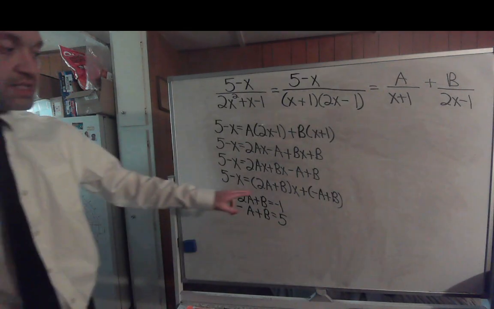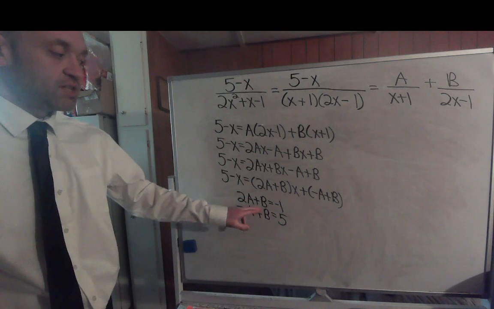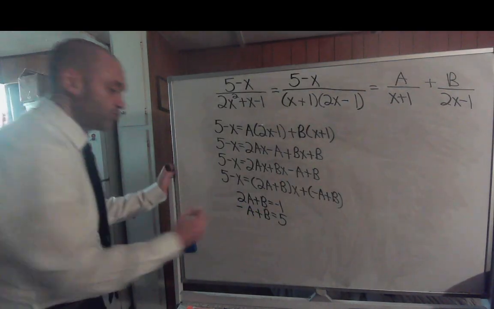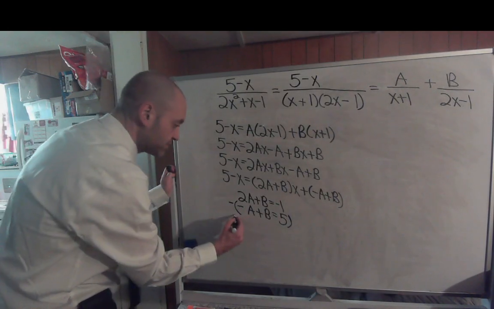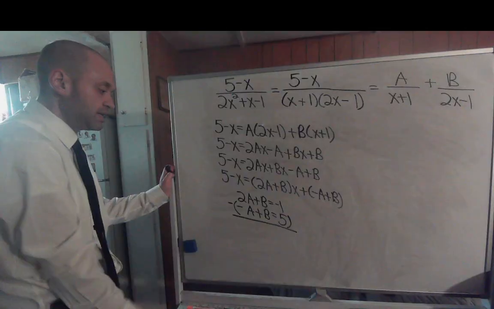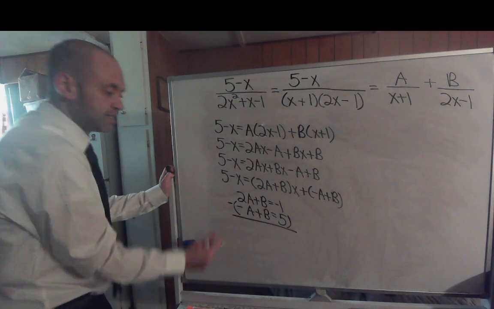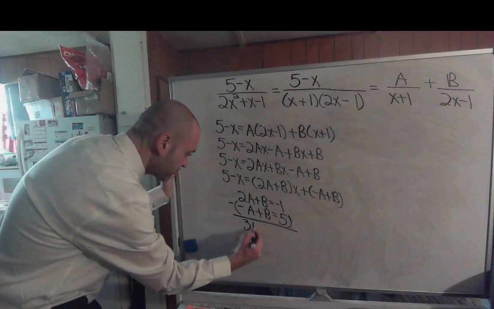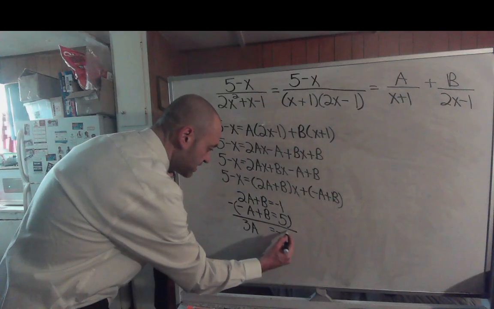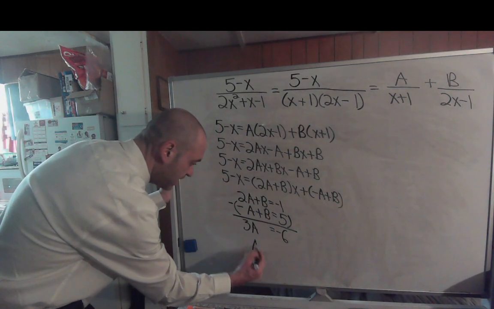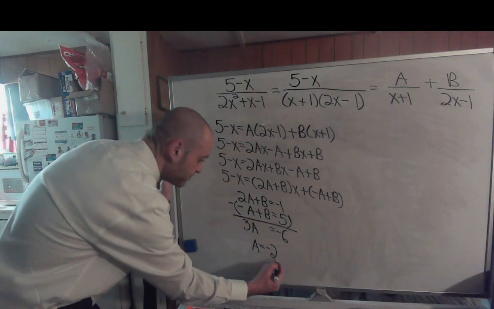Well, both of these equations in the system, you have a positive b, so if we subtract the second from the first, we should be able to cancel out the b's. So 2a minus negative a turns into positive 3a. Negative 1 minus 5 is negative 6, which should just give me that a equals negative 2.